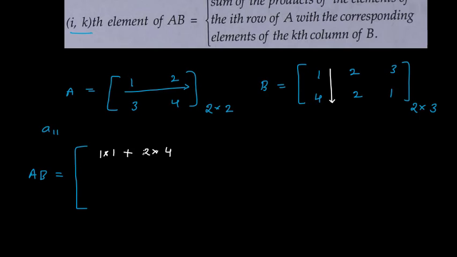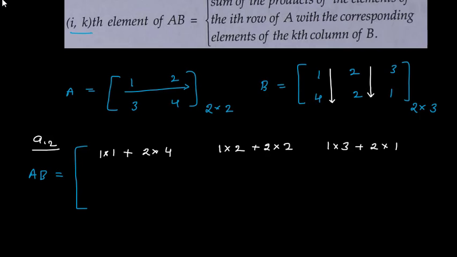Similarly A12, if I have to find the second element A12, then for A12 it is the first row, and now I have to see the second column. So that means this second element will be 1 into 2 plus 2 into 2. In the same way, the third element will be 1 into 3 plus 2 into 1. Okay. Now I got A11, A12, A13.